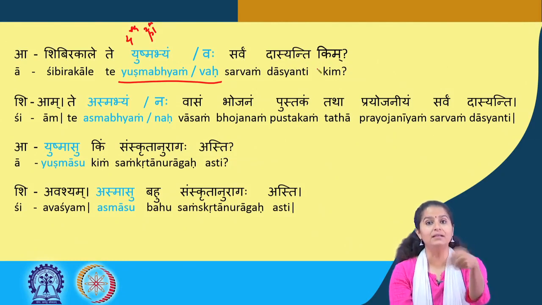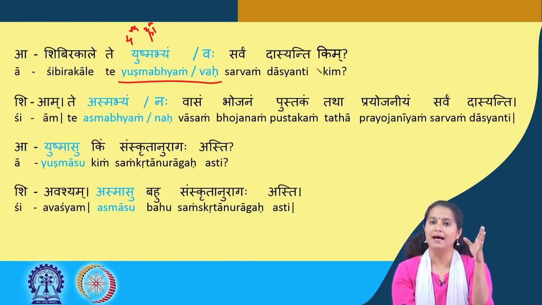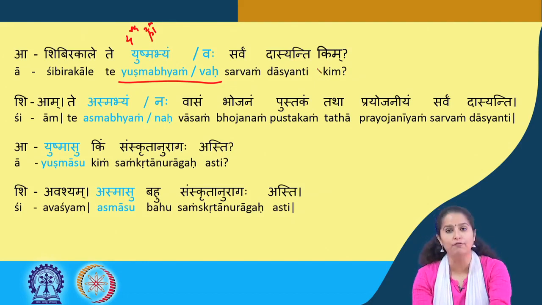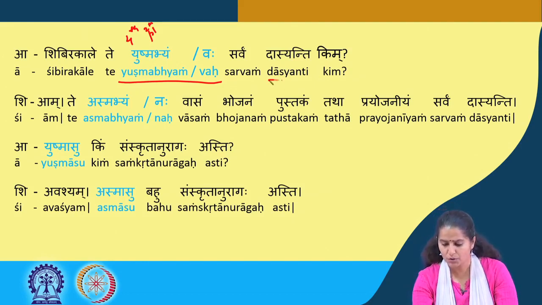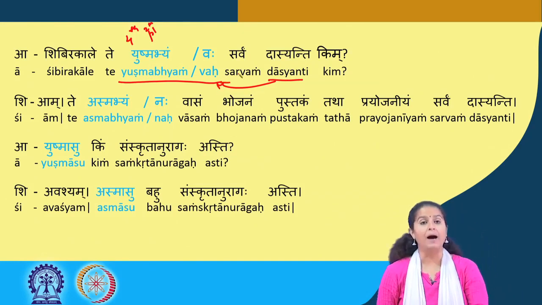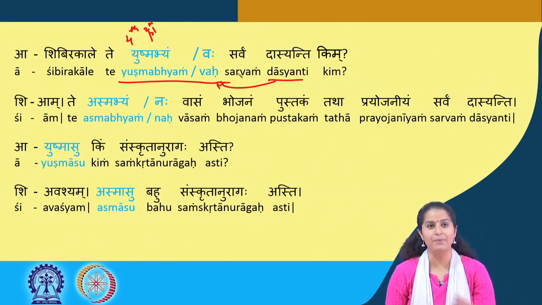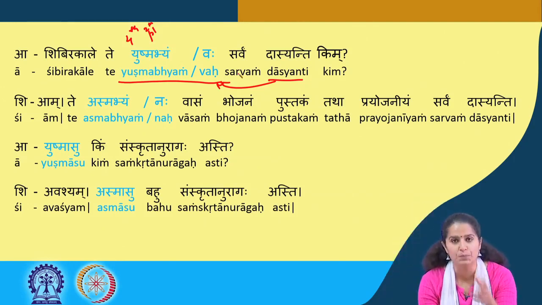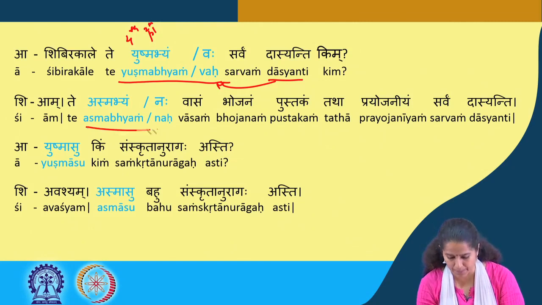So dadati, the moment you hear the verb dadati, you are sure that the noun accompanying it, or the person who's receiving it, will have to be in the dative case or the fourth case. Okay, so dasyanti will indicate that. Okay, kim. Answer am, and now you can start guessing what would happen. Te asmabhyam. So yushmabhyam, asmabhyam.